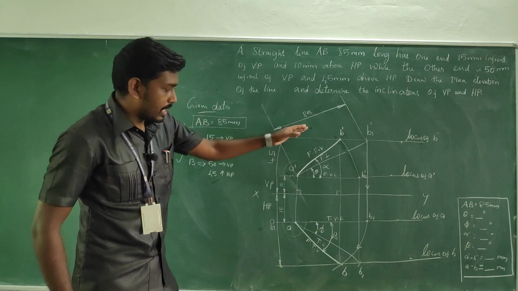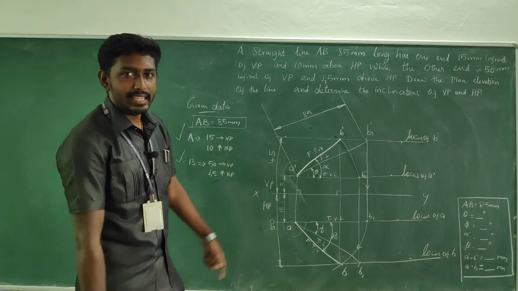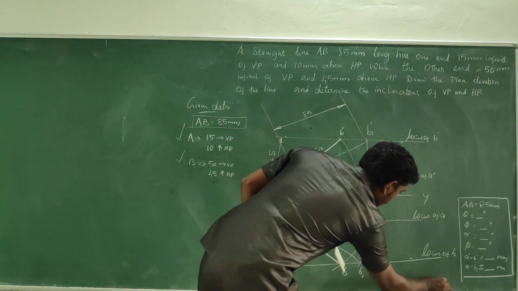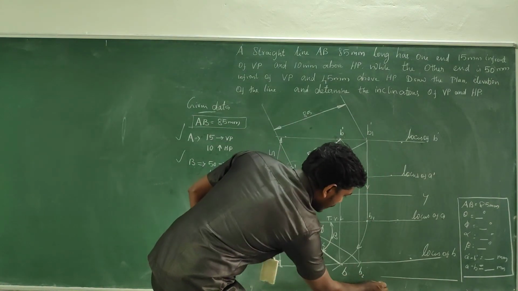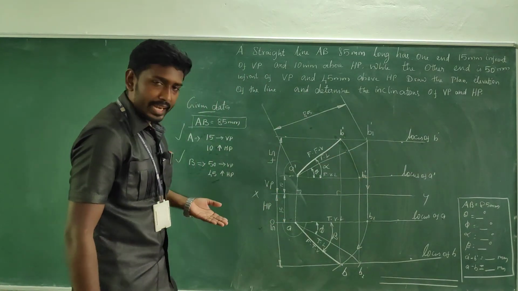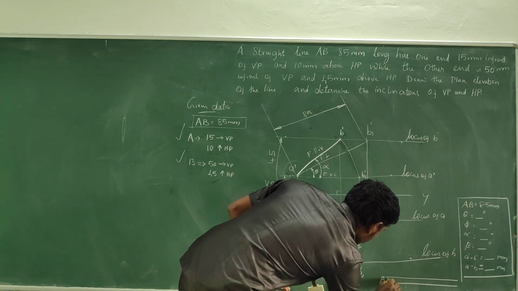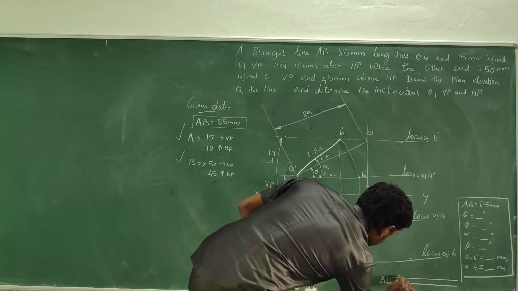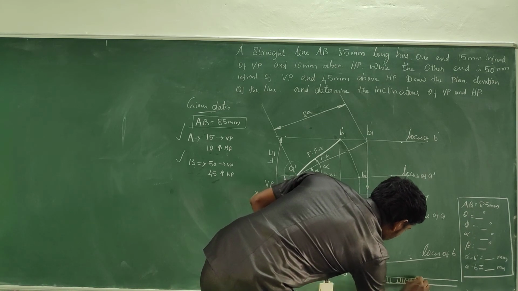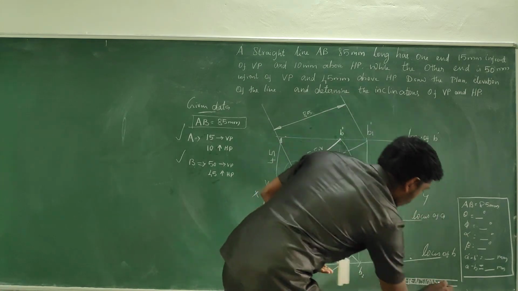And what is next? As a note, all the dimensions we have marked are in mm, and it should be captured in the note. So at the bottom right extreme, I am going to make a note line and write all dimensions are in mm.